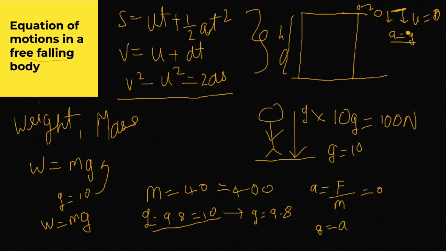Finally, we've got final velocity. Since our body is going down with so much acceleration, by the time it reaches here there's going to be some value of v, right?